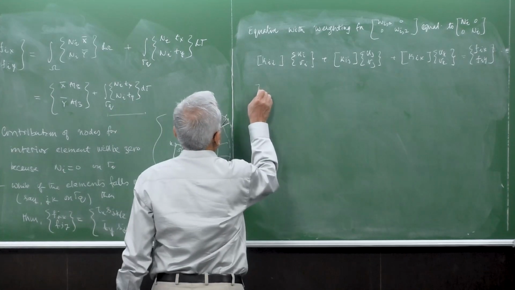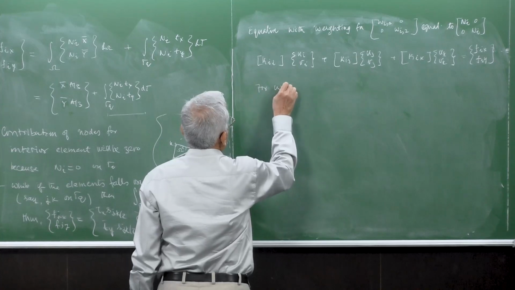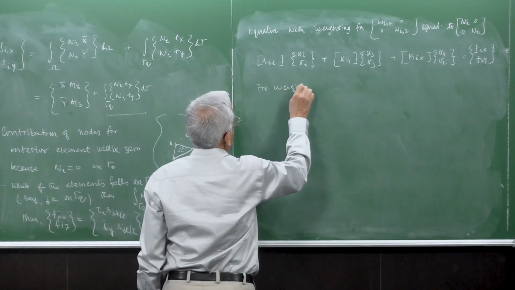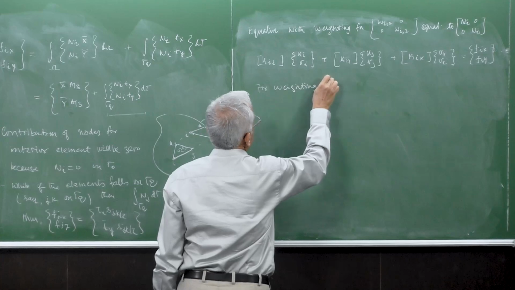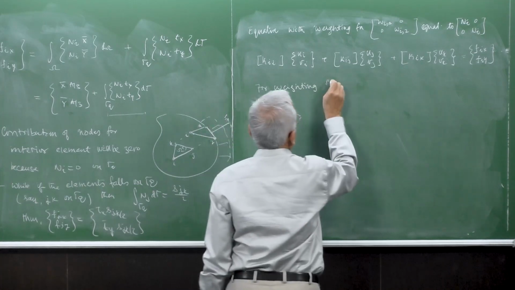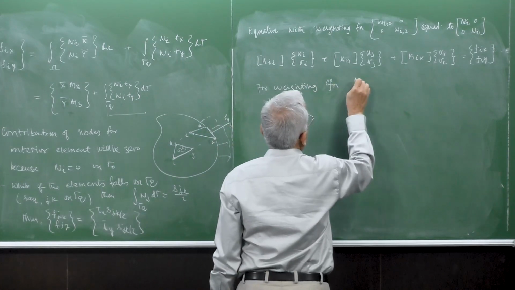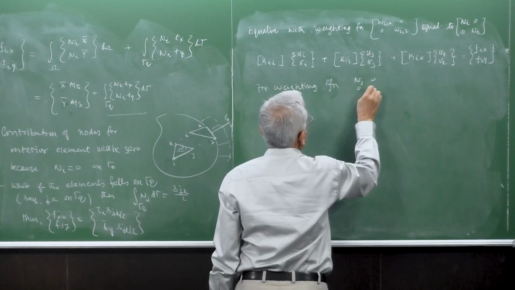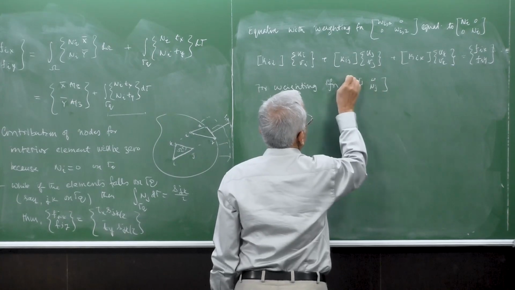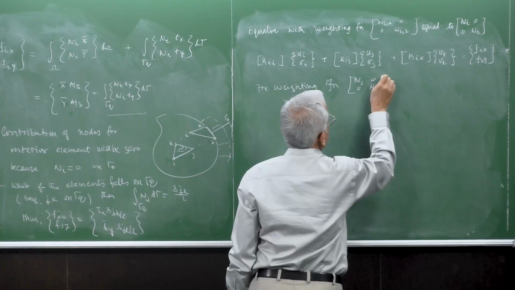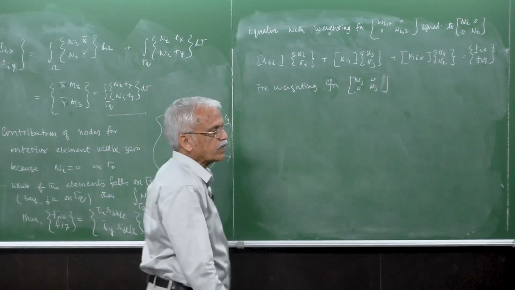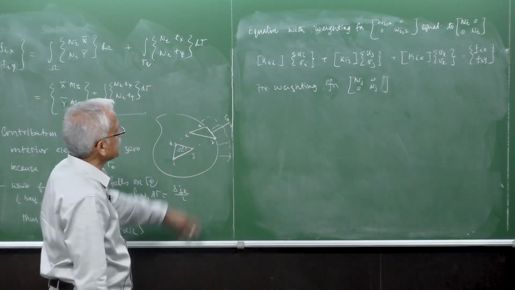So for weighting function Nj, so this is corresponding to the jth node. So what will we get? So just we can generalize it.